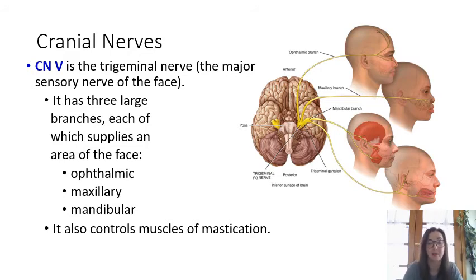The maxillary branch goes kind of here to your maxilla, and then the mandibular branch goes down to the mandible. So it's sensory for the face, lets you feel sensations of your face, and is also a motor nerve. So it controls some muscles involved in chewing or mastication. So that's your trigeminal nerve, or cranial nerve 5.